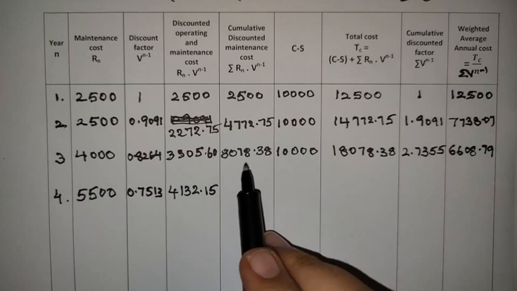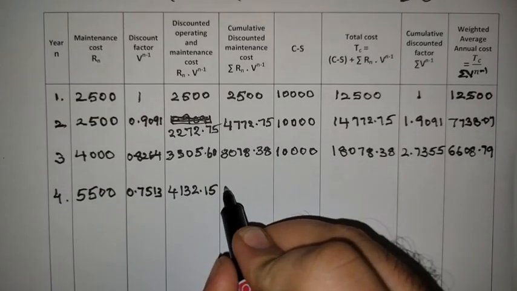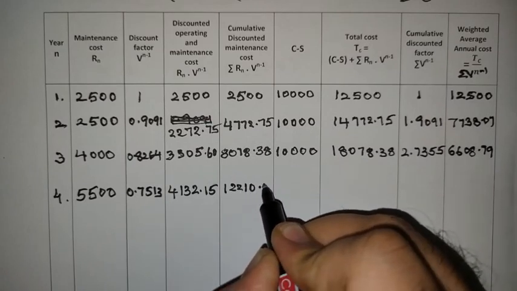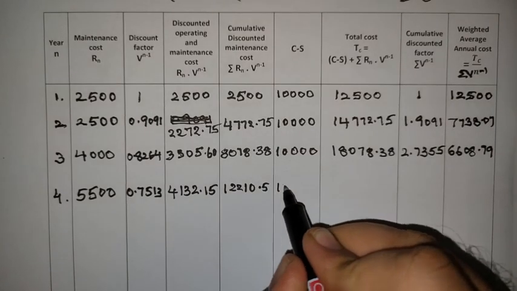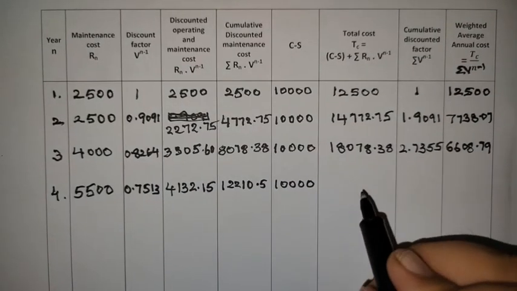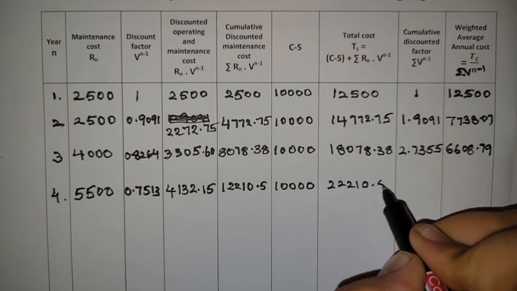Next, sigma value means add this one to this, so then you will get 12210.5. Next, C minus S we already know, this one is 10,000, and next total cost 22210.5.